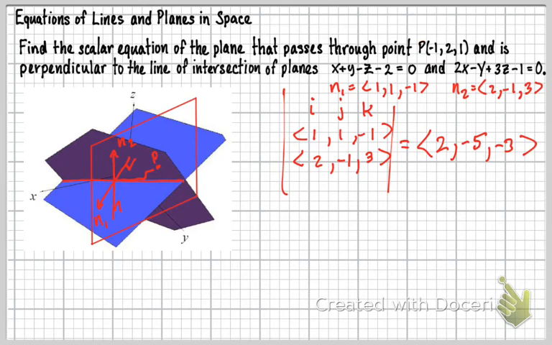So again, remember that n is the coefficient of what we're multiplying by x minus my x naught.